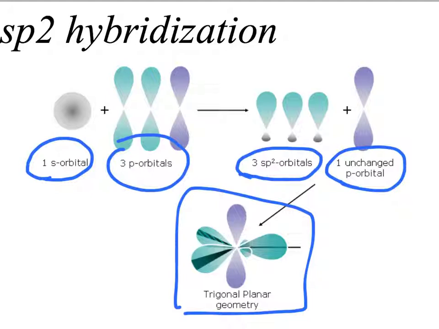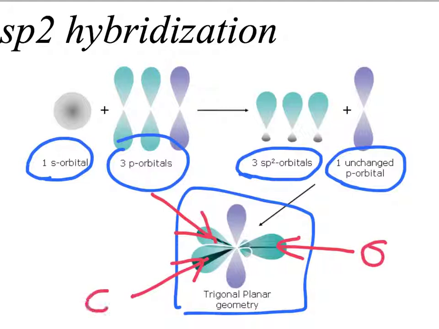So what kind of bonds can this actually form? Each of these hybridized sp2 orbitals can form a sigma bond. And this p orbital can form a pi bond, which we'll look at in a moment.